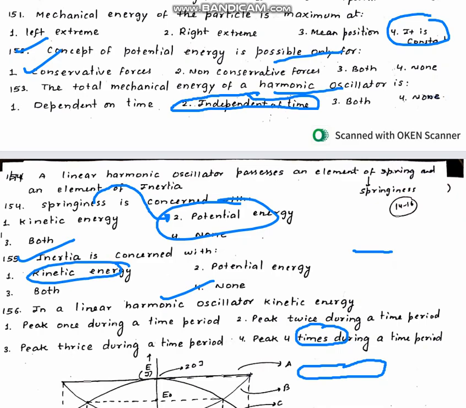Next is in a linear harmonic oscillator kinetic energy peaks once during a time period. Obviously the time period is half, so it peaks twice during a time period corresponding to the position of the particle. So second will be correct over here.